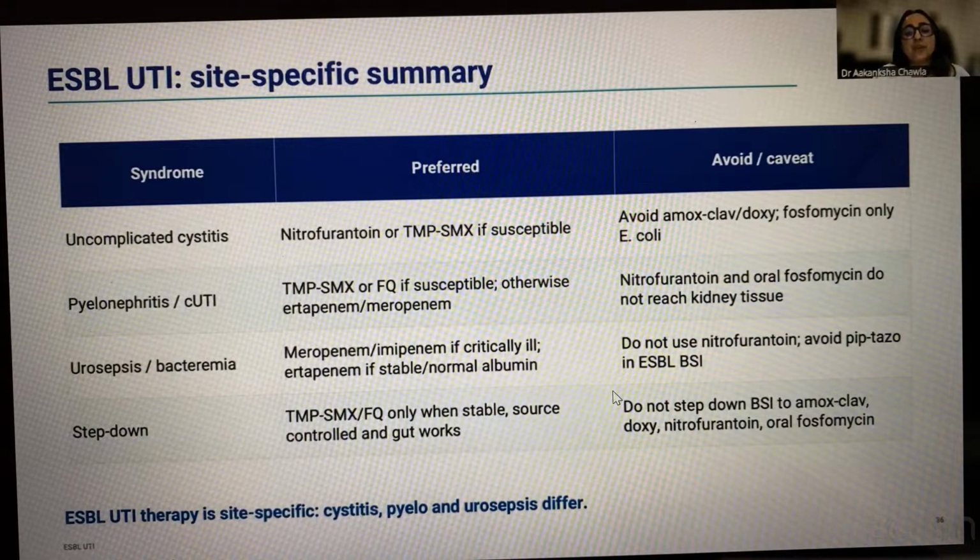Remember, nitrofurantoin or fosfomycin should not be given. For sepsis or bacteremia, meropenem if critically ill, ertapenem if stable and normal albumin. And you can step down again to trimethoprim-sulfamethoxazole or a fluoroquinolone when the patient is stable, the source is controlled, and of course the gut is working to accept the oral therapy.